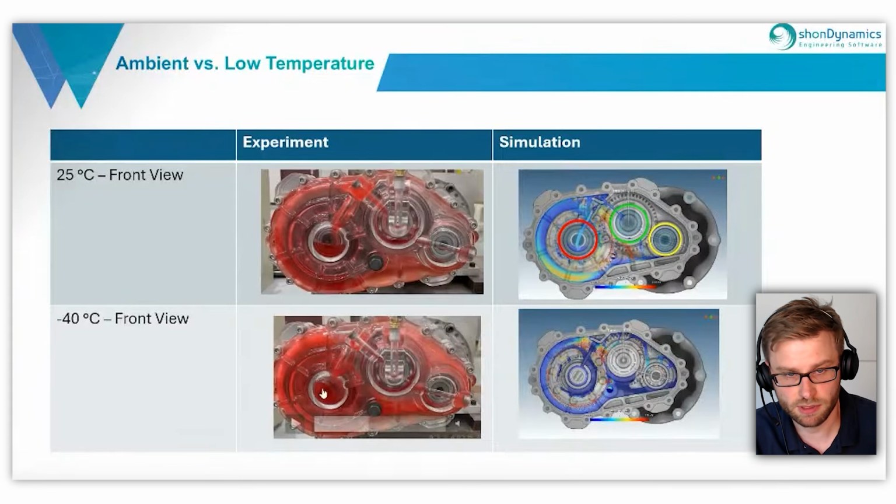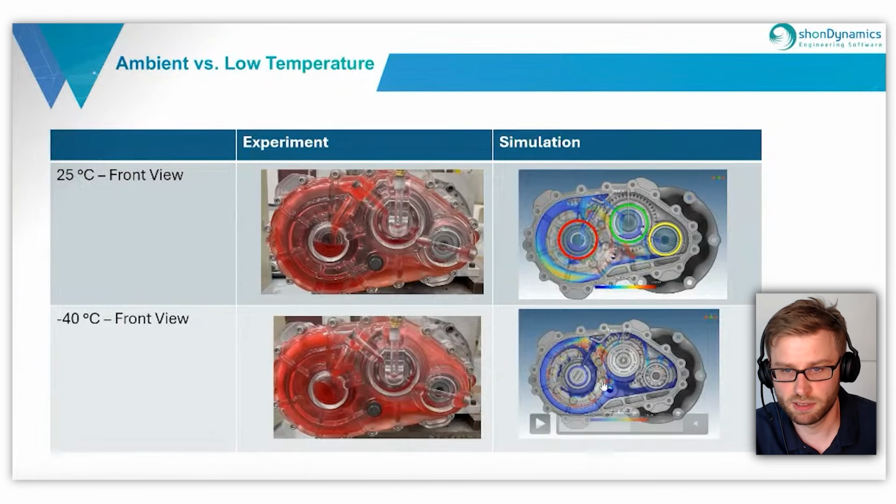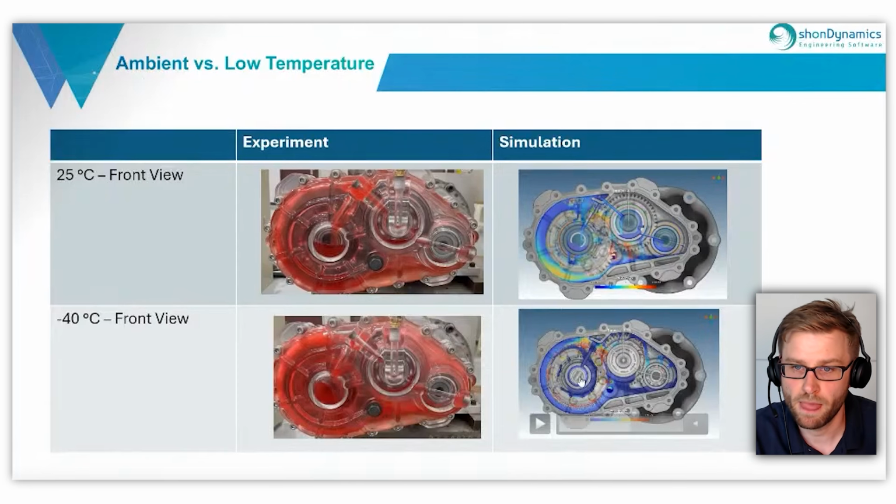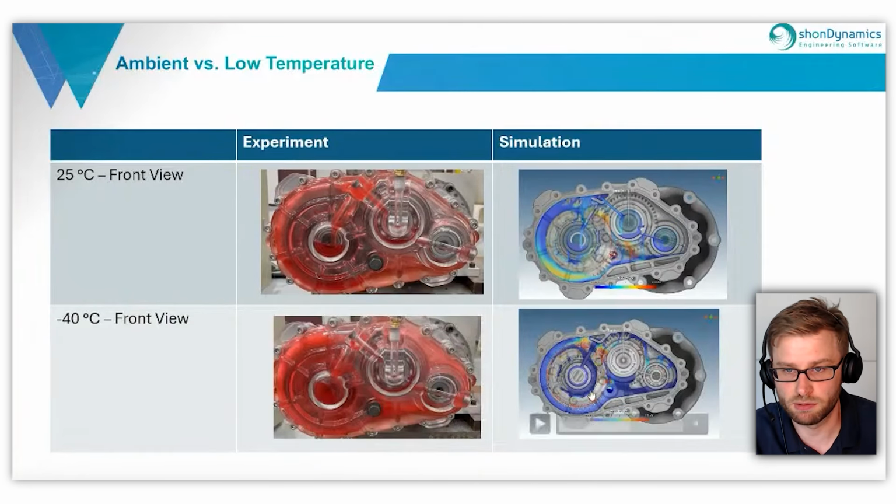Here we have more or less a horizontally filled bearing, but in the simulation we get the lubricant distributed around our bearing. But in both cases, in the experiment and in the simulation, we don't have any lubricant in the middle and in the input bearing.